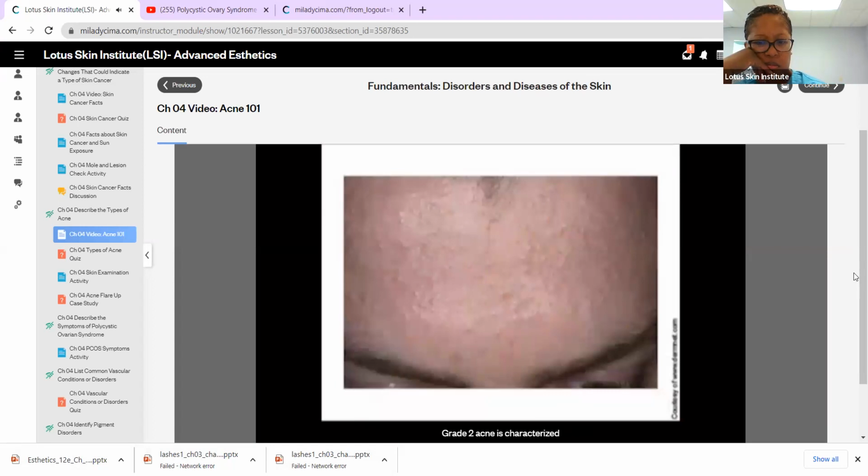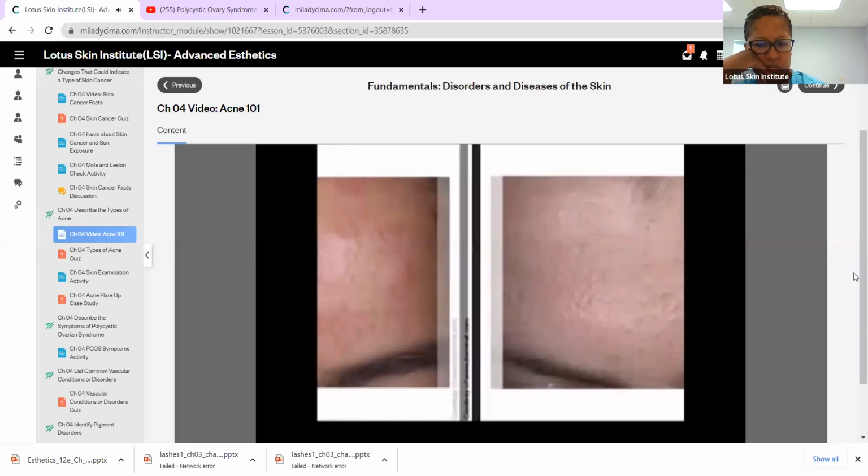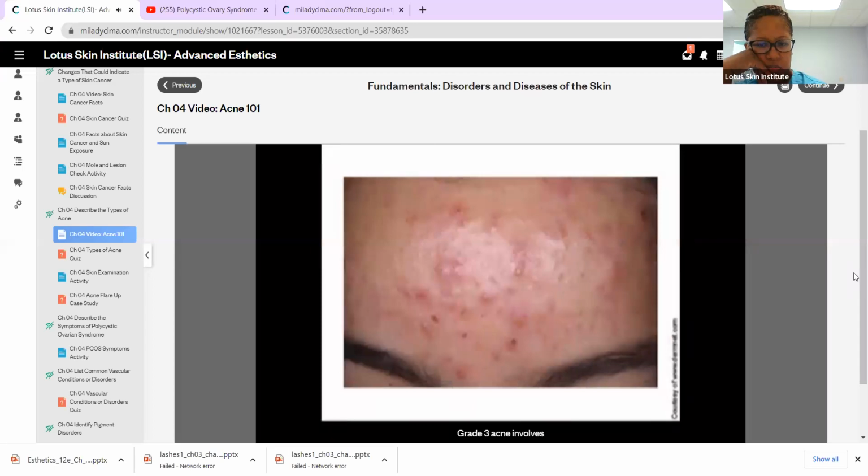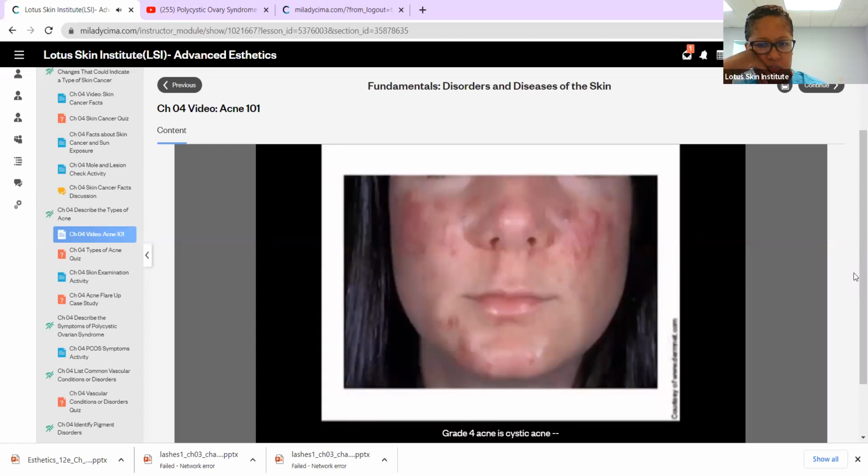Grade 2 acne is characterized by many closed comedones, more open comedones, and occasional papules and pustules. Grade 3 acne involves red, inflamed skin, and many comedones, papules, and pustules. Grade 4 acne is cystic acne. Cysts with comedones, papules, pustules, and inflammation are present. Scar formation from tissue damage is common.